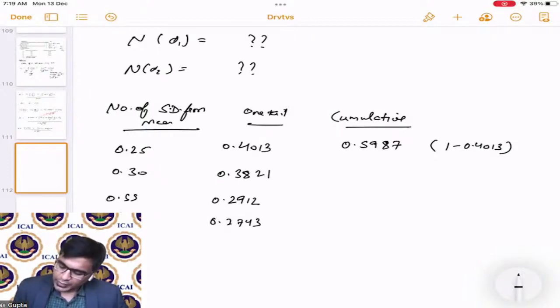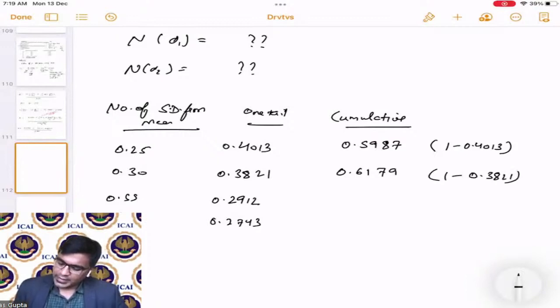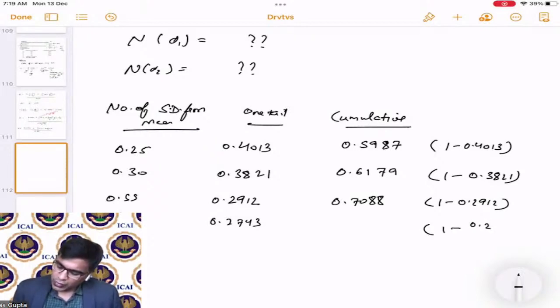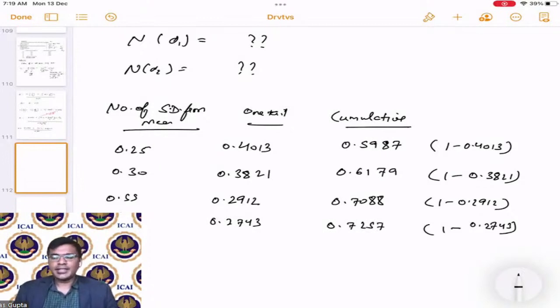Then 0.6179, which is 1 minus 0.3821. Then the next one is 1 minus 0.2912, which is 0.7088. And the third value is 1 minus 0.2743, which gives 0.7257. So these are the respective cumulative probabilities we have calculated.